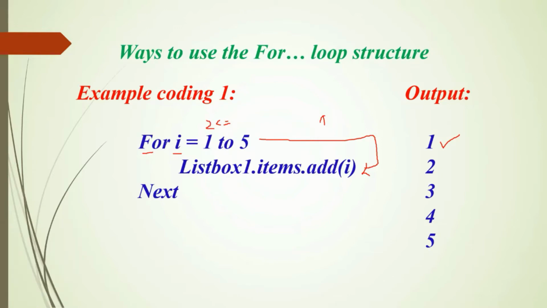The value of I is now 2 and control transfers to the beginning of the loop structure. Now it again checks whether the value of I is less than or equal to 5. The condition is again true. So the value 2 is displayed in the output window.